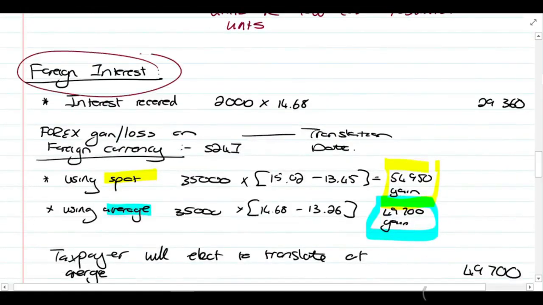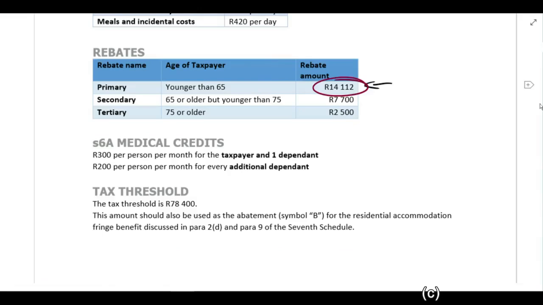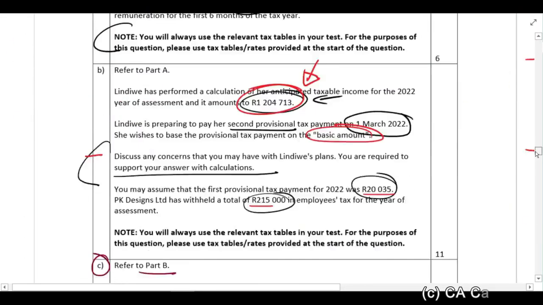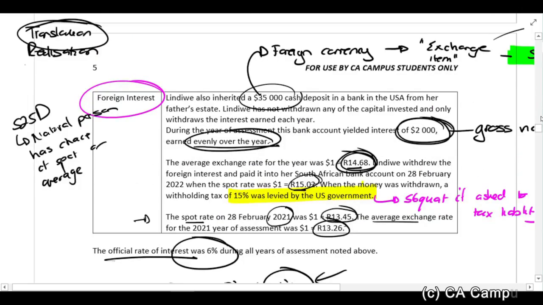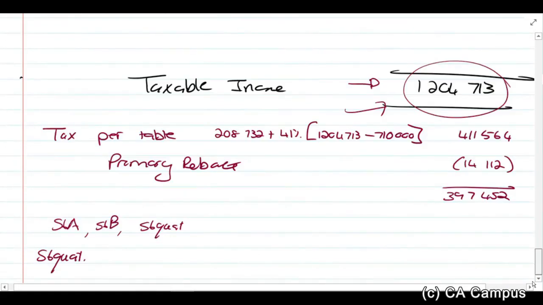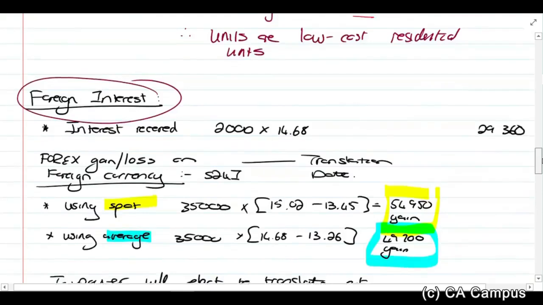So this foreign interest that we had here was taxed in South Africa as well as in a foreign country, because if you go and look, it tells you here that 15% of the amount was taxed in the States. Okay, so for section 6quat, you have to calculate how much tax was paid in South Africa on that amount and how much tax was paid in a foreign country. In South Africa, how much tax was paid on it?